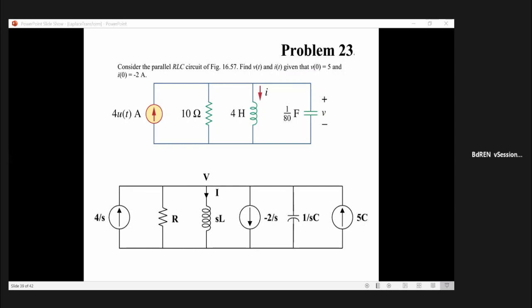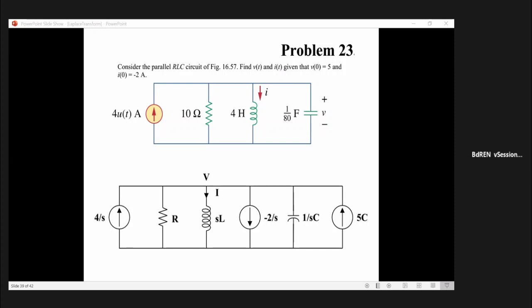The direction given here is the same as the direction we used earlier. We are assuming the current flows in the direction indicated in the figure, but the current is actually negative, so negative values are given there. So this source -2/s is equivalent to the initial current of -2 ampere through the inductor.